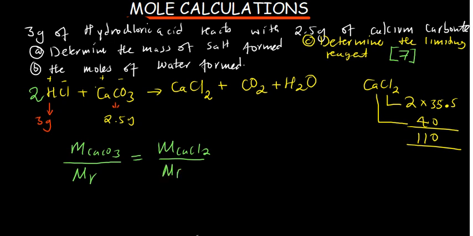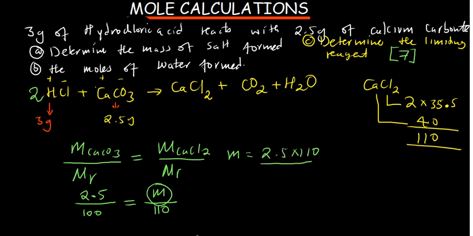The mass of calcium carbonate we have is 2.5. Molar mass of calcium carbonate is 100. That should be equal to the mass of calcium chloride, that's what we are looking for, divided by the molar mass of calcium chloride, that is 110. So the mass is going to be equal to 2.5 multiplied by 110 divided by 100.